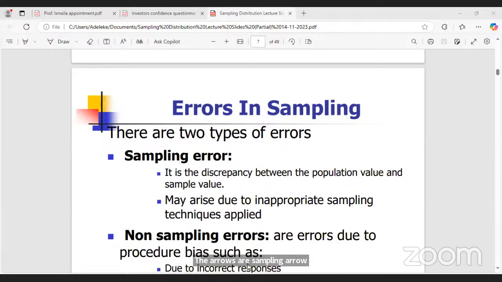Now, sampling errors are errors that arise as a result of the technique that you have chosen. They arise when you have not chosen the right technique, and when your sample is not reflecting the population that you have taken.